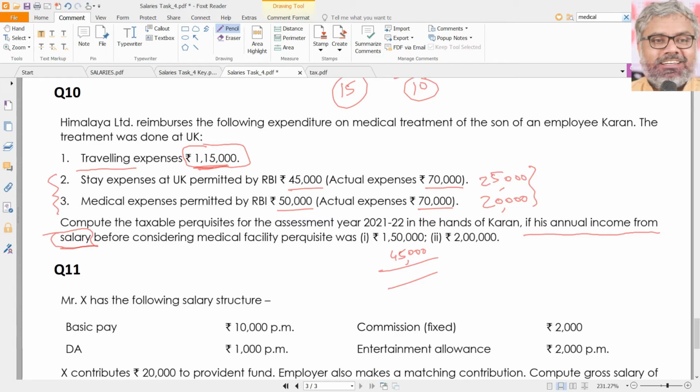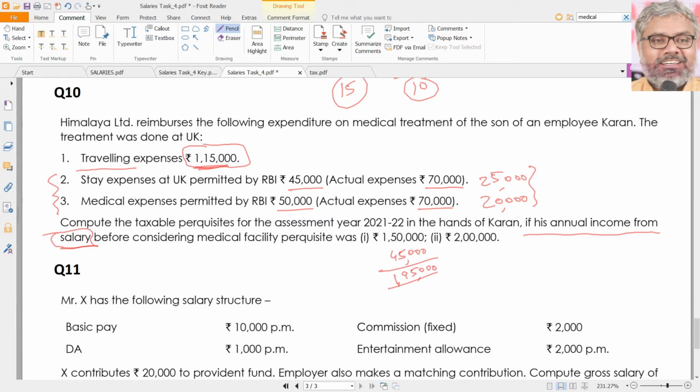When it is given as income from salary, and not given as just salary or just basic, we are not calculating any salary here. It's already computed after standard deduction. It is 1,40,000 and 1,50,000, but medical perquisite is completely not included so far. But 45,000 should be included, which means 1,95,000 rupees will be the salary income of this person.